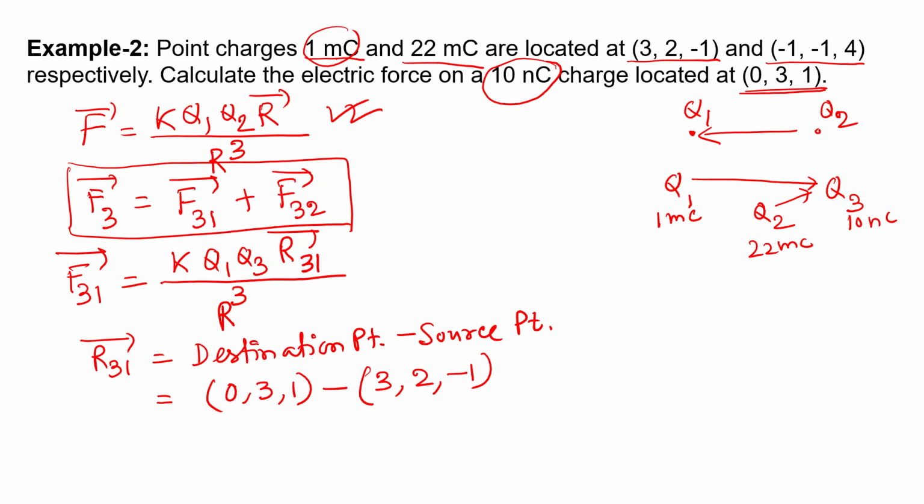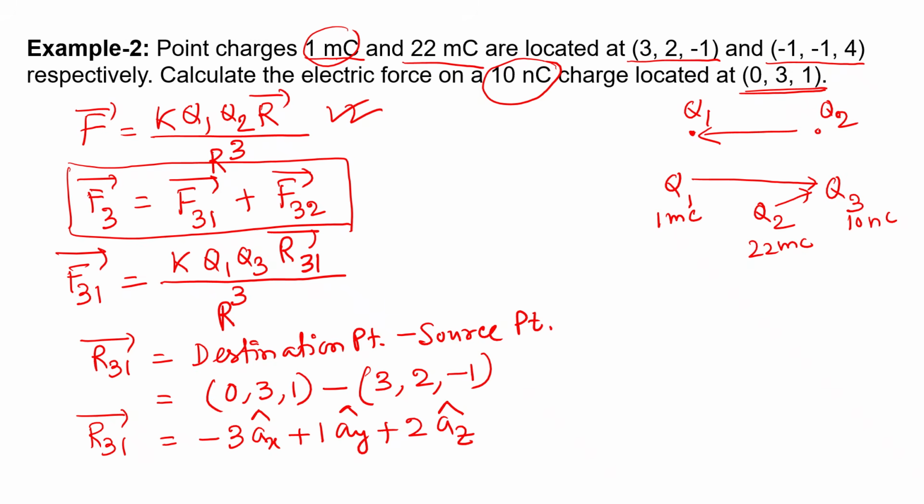So we'll subtract them, and finally we get R31 as -3ax cap plus 1ay cap and plus 2az cap. So this will be my R31.